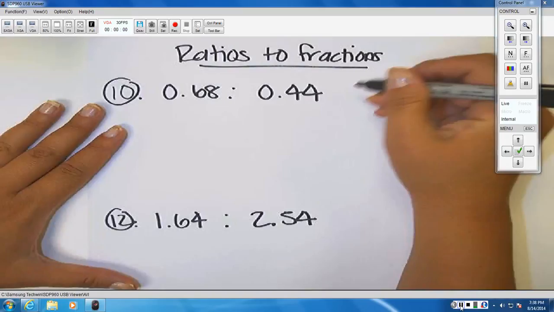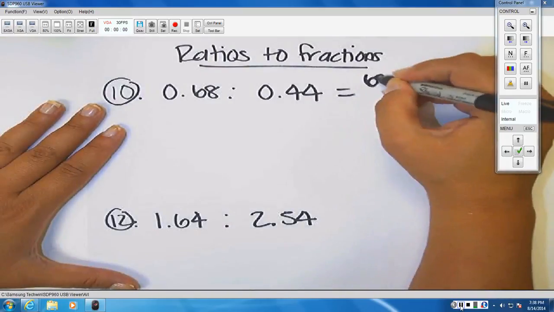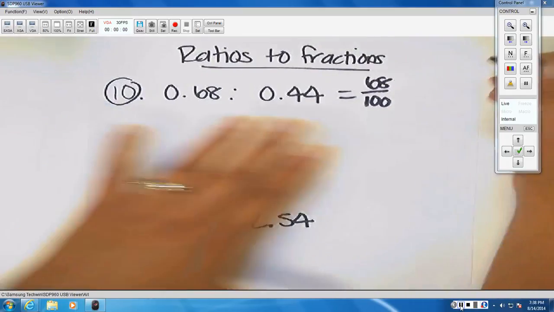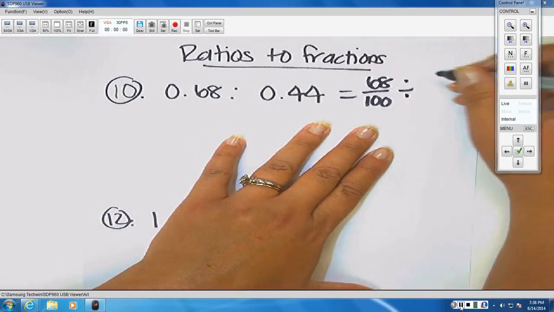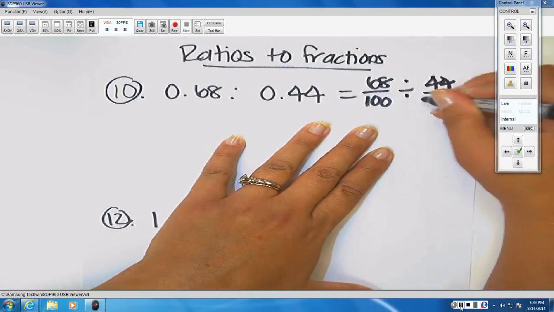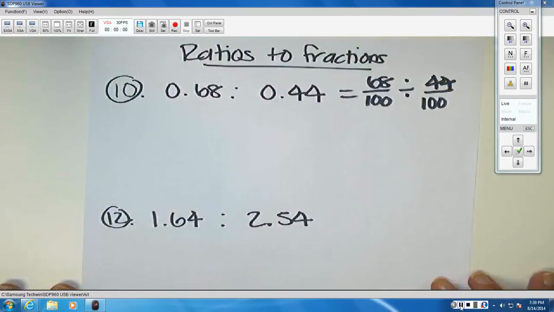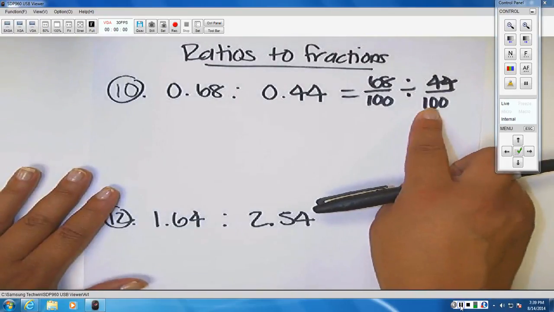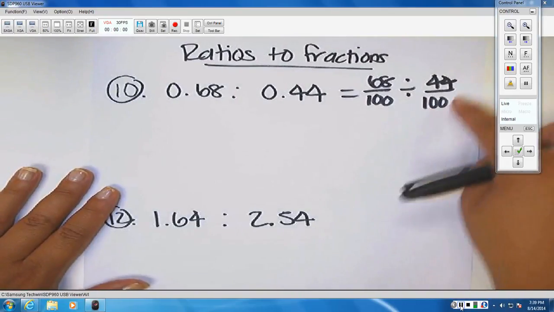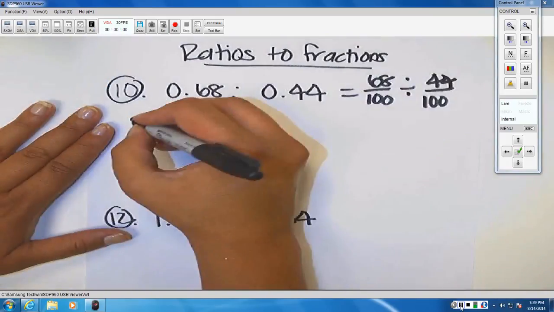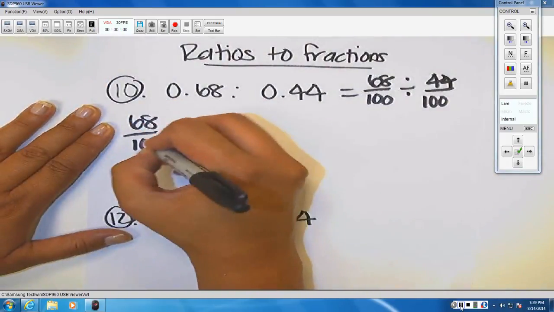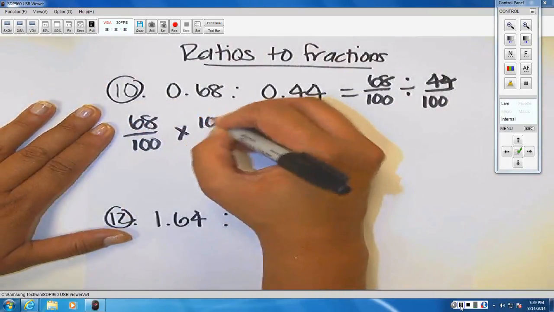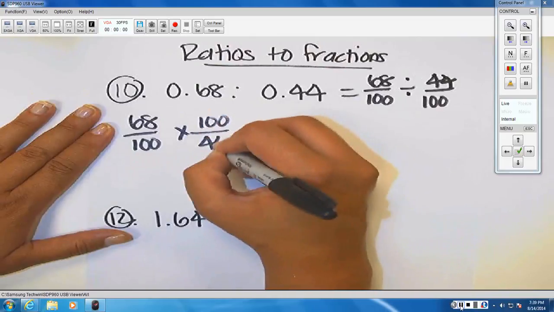So this is essentially going to turn into 68/100ths divided by 44/100ths. Okay? So then we are going to take this division of fraction. This 44/100ths is going to get flipped. 68/100ths times 100 over 44.